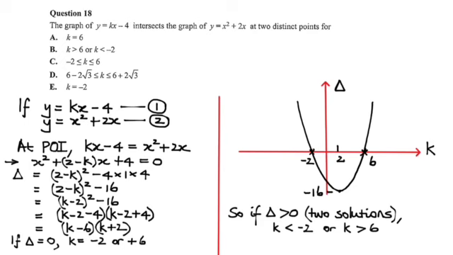Now we want the discriminant to be greater than 0 for two solutions, so we want this part of the graph here, or this part here, in other words above the horizontal axis. So the k values which give rise to that would be more than 6 or less than minus 2. Okay, and that gives us answer B.